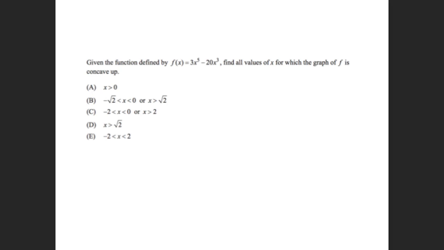So if I'm going to take the derivative, that's going to be 15x to the fourth minus 60x squared. That's f prime of x. F double prime of x is equal to 60x to the third minus 120x. Oh, this looks like a problem that we did before also.